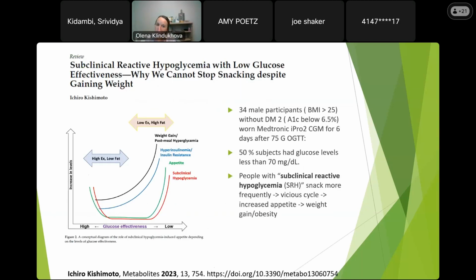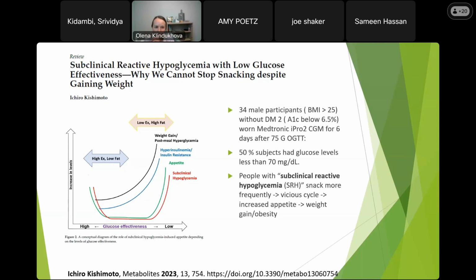Okay, very good. So this study, I was not aware of, I've never seen this study before, but as I was preparing for this presentation, I found this very intriguing study that I wanted to share with the group. This came from Japan, where they had 34 male participants on Medtronic CGM.